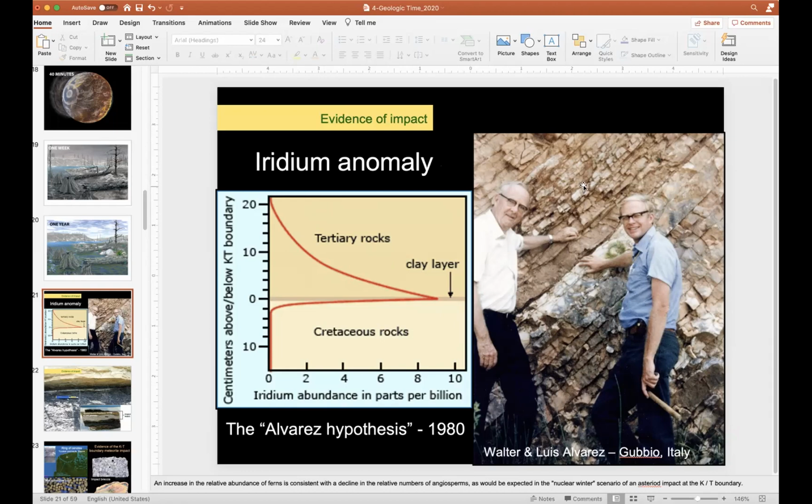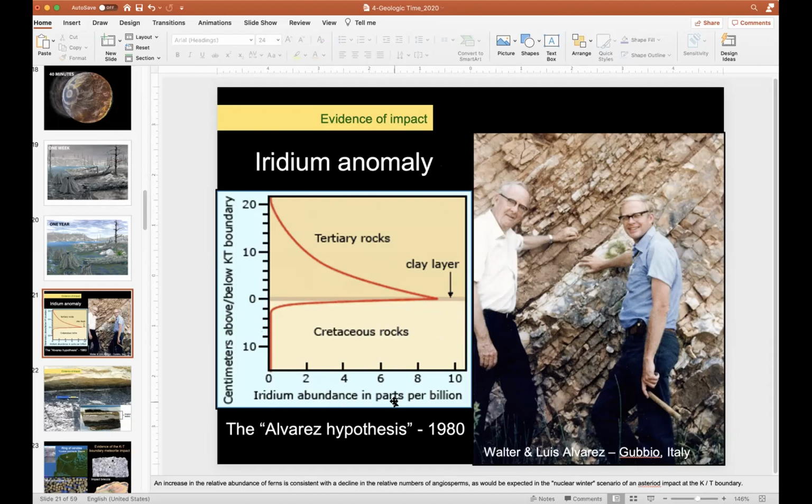Partly it's because we didn't have the ability to do the geochemical analysis or the radiometric dating of these rocks. So we couldn't analyze for iridium in a concentration that is parts per billion. That's a really tiny concentration, right?